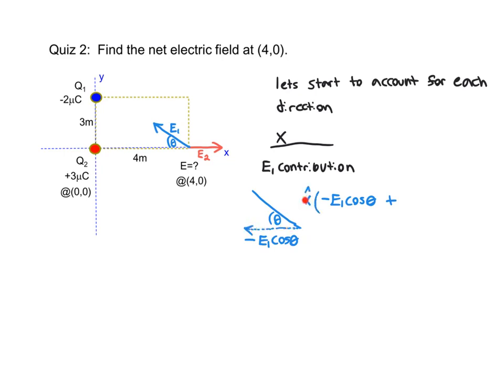And so in the x hat, I have negative E1 cosine theta, which is this component here, plus E2, which is actually all in the x to the right hand side. So that's going to be a positive E2. And that should be it for that.